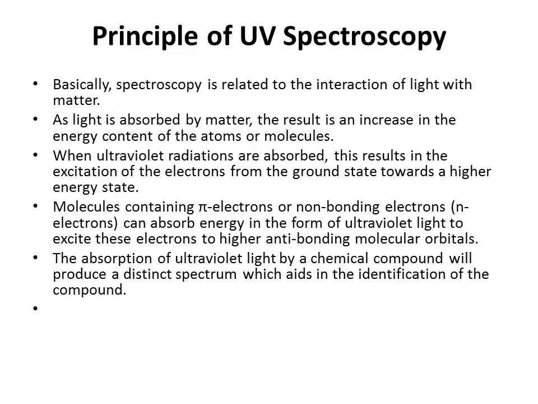The principle of UV spectroscopy. Basically, spectroscopy is related to the interaction of light with matter. As light is absorbed by the matter, the result is an increase in the energy content of the atoms or molecules. When ultraviolet radiations are absorbed, this results in the excitation of the electrons from the ground state towards a higher energy state.